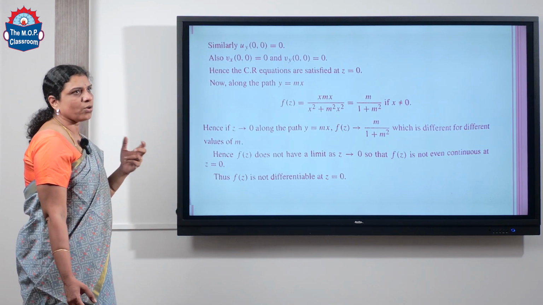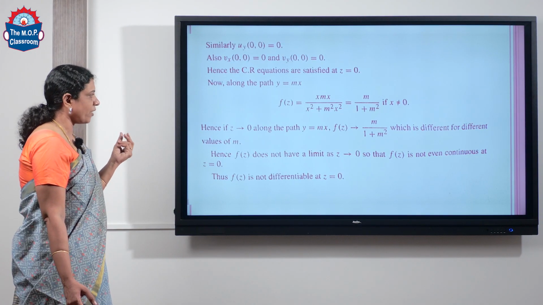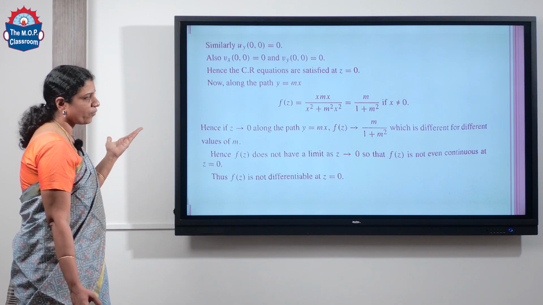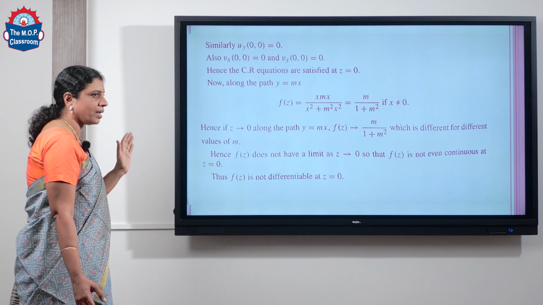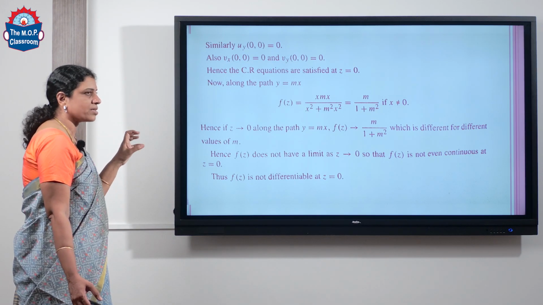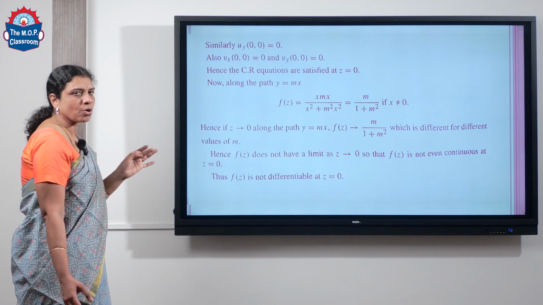So for each value of m, we get a different value of f of z. So it's not unique, so f of z does not have a limit. The limit does not exist. So f of z is not even continuous, and f of z is not differentiable at z equal to 0. So this is an example where the function is not continuous, but the CR equations are satisfied, and it's not differentiable.